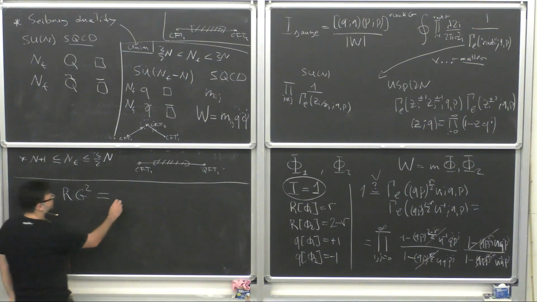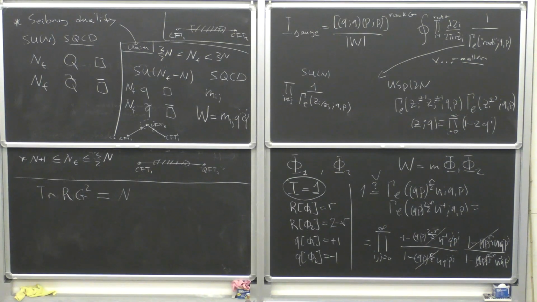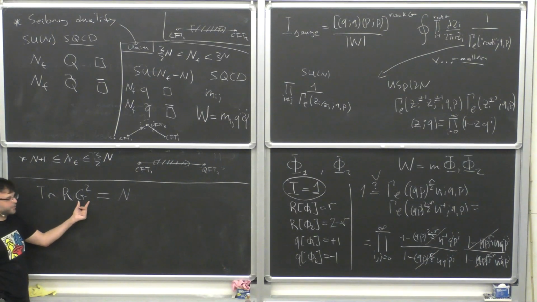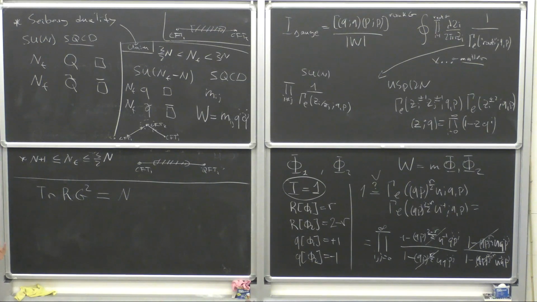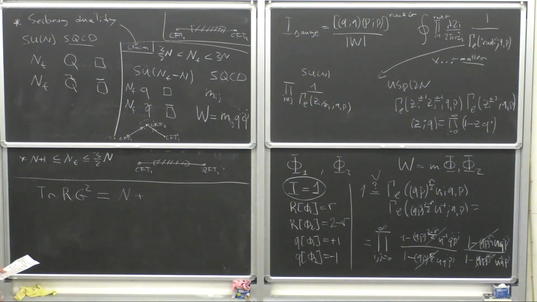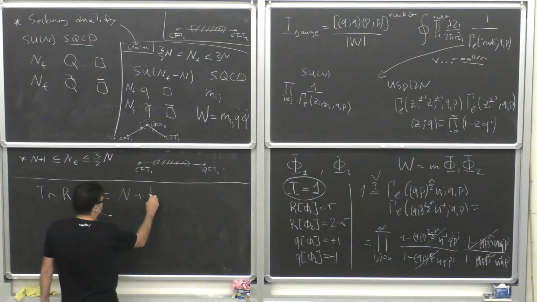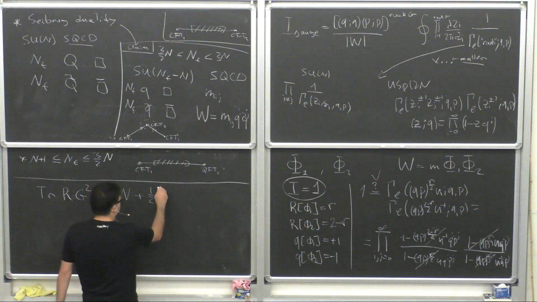So there is the contribution from gluons, which come from the vector multiplet, and it just gives us n, okay? Again, trace of g squared for the adjoint representation is n, and the R symmetry of the gluons is 1. Okay, so we get this n, and then we have the contribution of the matter fields. So we have the half coming from trace g squared for the fundamental or anti-fundamental representation. Then we start from a free theory.